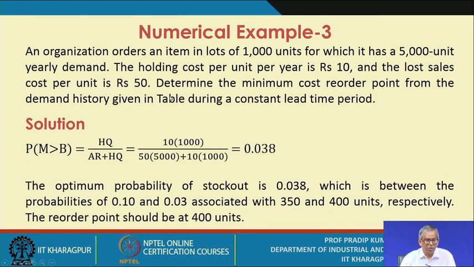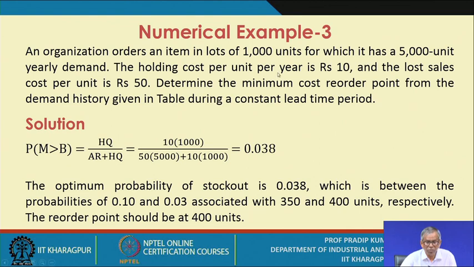Now let us take one numerical example. An organization orders an item in lots of 1000 units, for which it has a 5000 unit yearly demand. Go through this problem statement and get the different types of data.